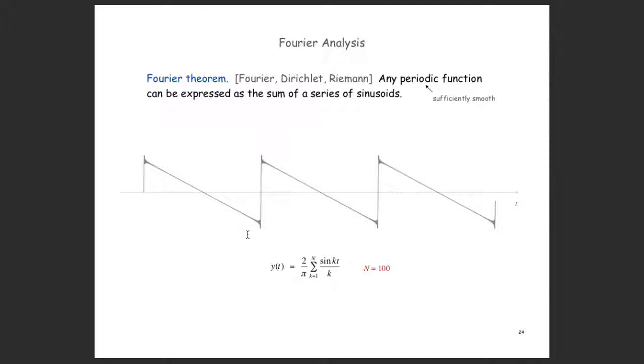Basically, Fourier's theorem and a bunch of other guys, Riemann and those guys, basically say you can approximate any function. There is function theory. You can approximate any function by adding a bunch of other functions. In particular, you can approximate any function as the sum of a series of sine functions. You know, the sine function is a wave.